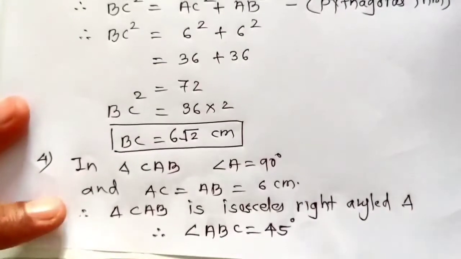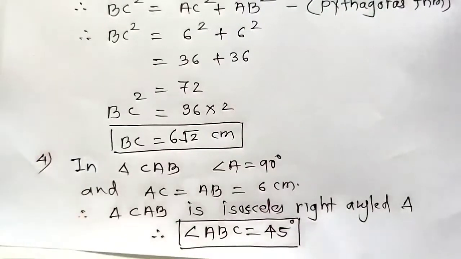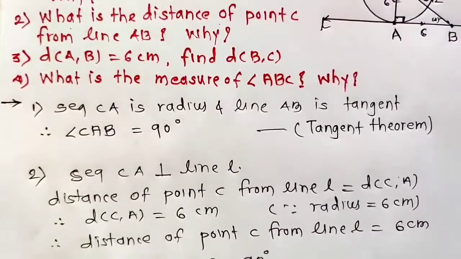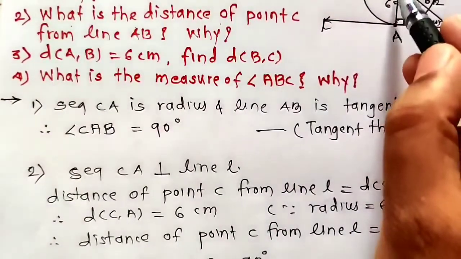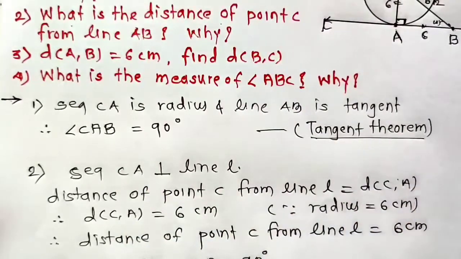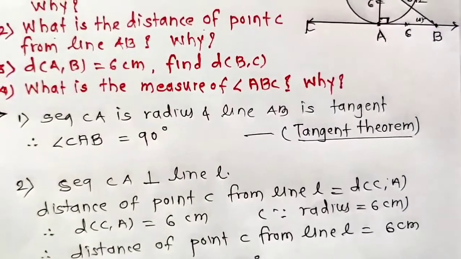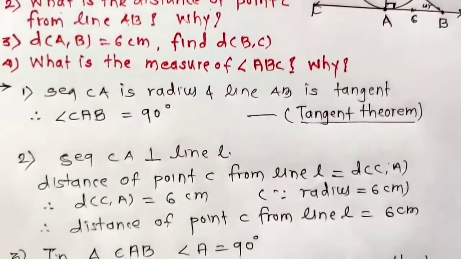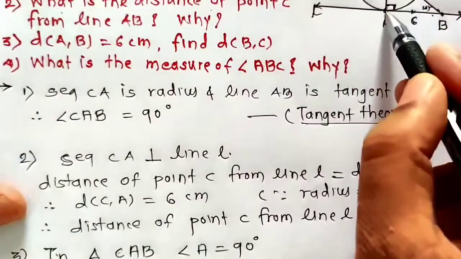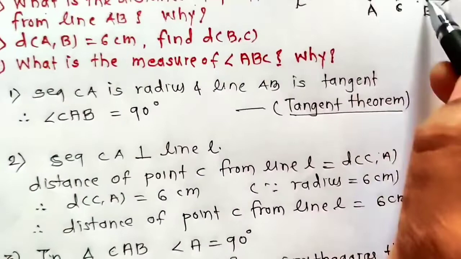So in this way we can find the answers of all the 4 questions. See again, the first one, we have to find measure of angle CAB. It is 90 degree because of the tangent theorem. Tangent is always perpendicular to the radius at the point of contact. Second, AB is 6, AC is 6, use Pythagoras and then find BC.